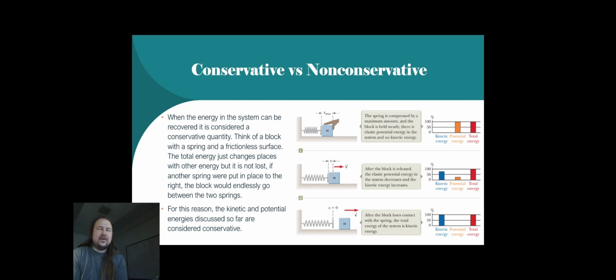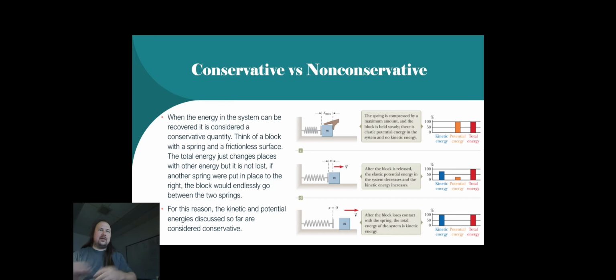If you want to think about it, if you put another spring on the other side, but flipped it, what would happen there? Well, the block would go and compress the spring. All the velocity would switch back into potential, and then it would release the block again. It would go back into kinetic, and it would be this constant, endless go-between on the two springs of potential and kinetic.